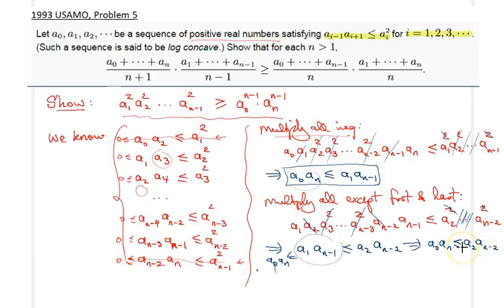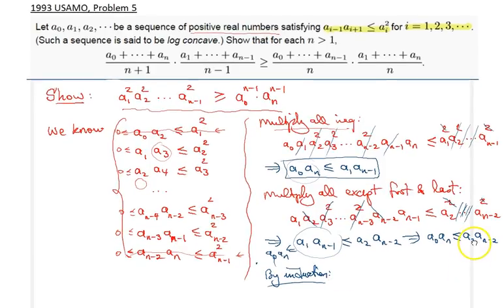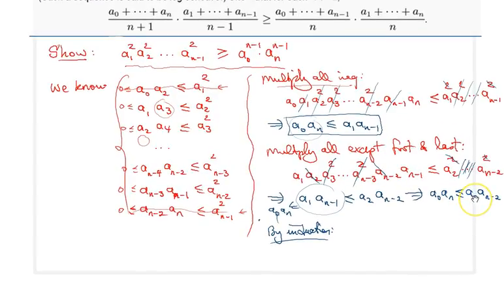That implies that a sub 0 a sub n is less than or equal to a sub 2 a sub n minus 2. So by proceeding in the following way, or you can say by induction, either way, you can find that for all i, we are about to come to the end of the question.